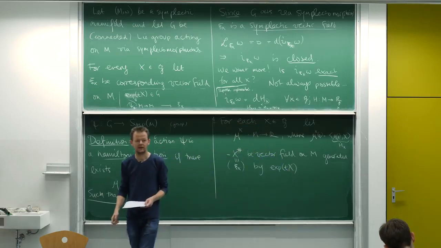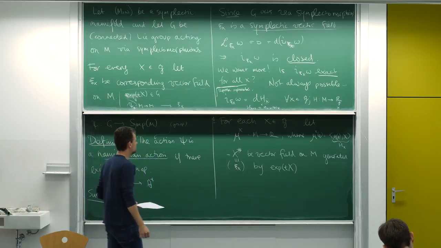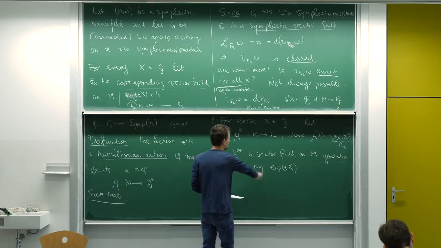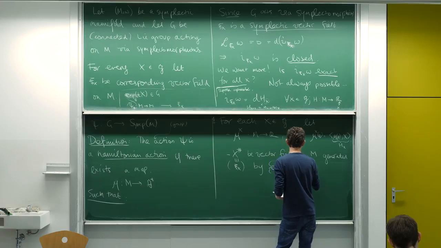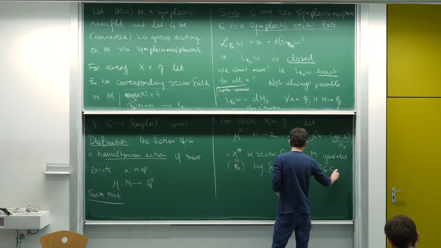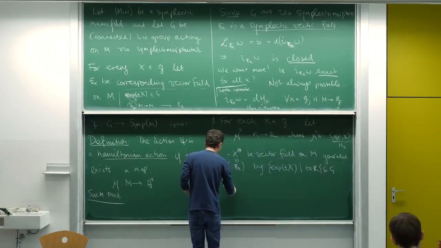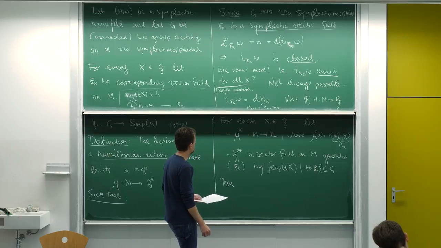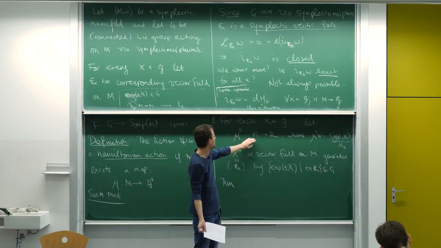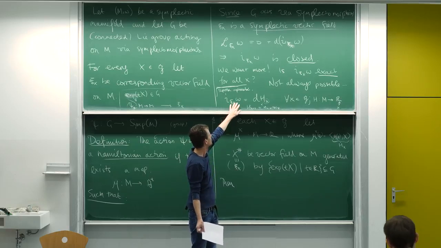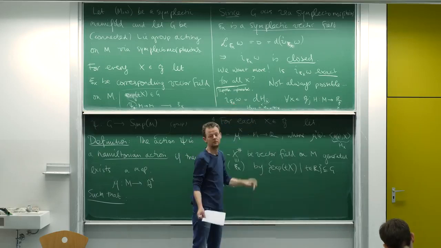All right, so let x hash be the vector field on M generated by this one-parameter subgroup of G. And then it's a nice Hamiltonian for all these different vector fields if you can write this one form here as an exact one form by d of h.